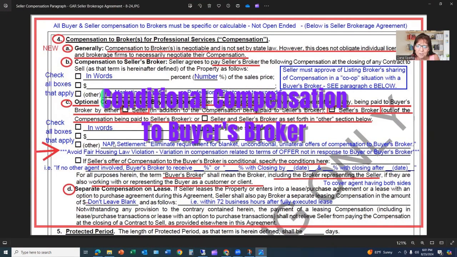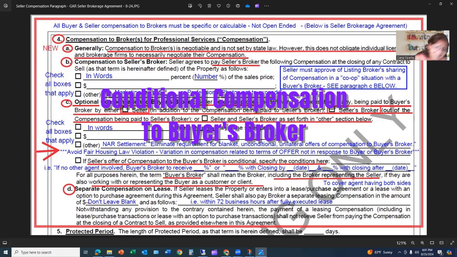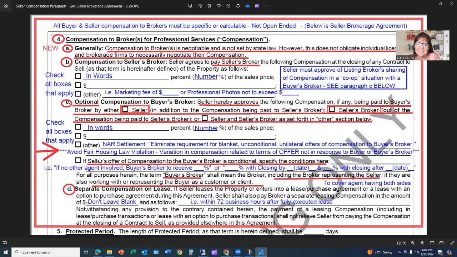Now, I have notes here for other. It's just because I ran out of room in the next section. But this next section says, if the seller's offer of compensation to the buyer's broker is conditional, specify the conditions here. These are my notes for you as a listing agent to remember.